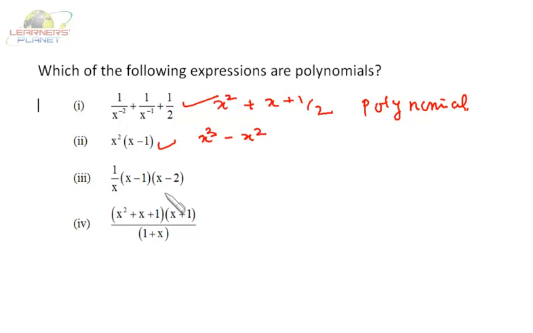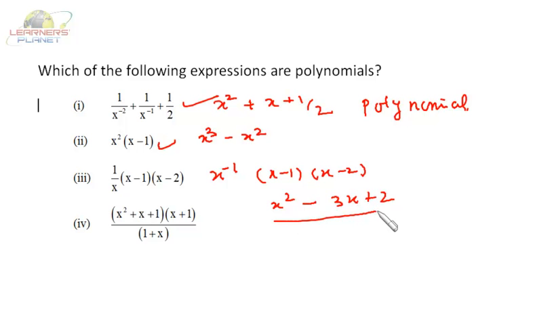Now in this case, this is x raised to minus 1 into x minus 1 into x minus 2. Suppose we expand it, what will we get? x square minus 3x plus 2 by x. So we will always have an x in the denominator. That means this x is carrying a negative power, so it is not a polynomial.